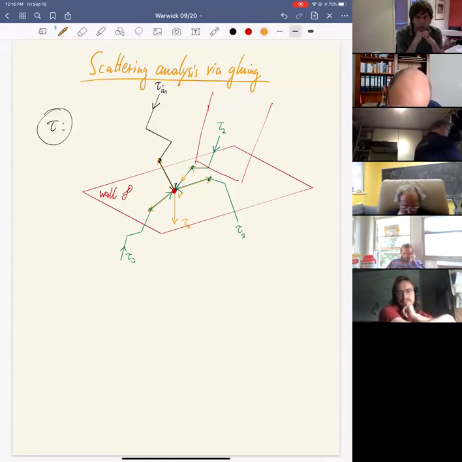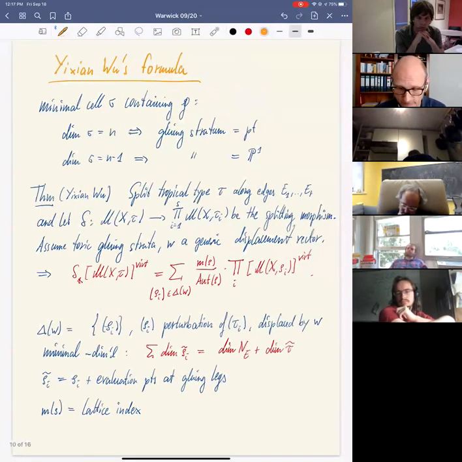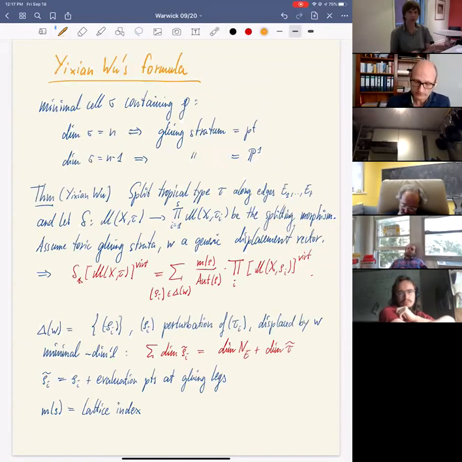And the edges you split are these here. In the picture, there are 4 edges that you want to split. And once you do this, you get your collection tau in, tau 1 to tau 3, and tau 0. So these are the things that appeared on the right-hand side of Yixian's formula.